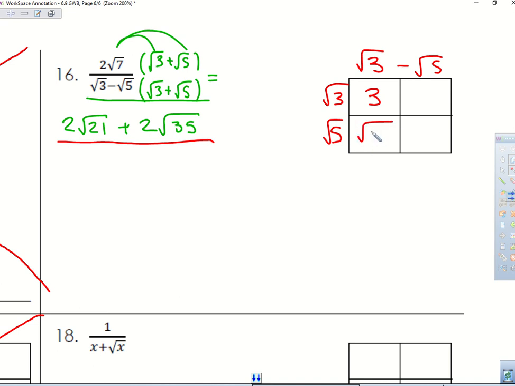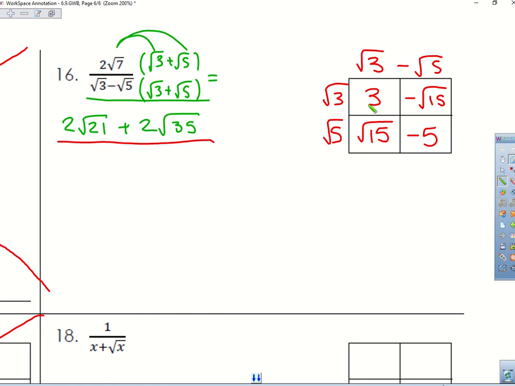Radical 15. Good. This is negative radical 15, right? And what is radical 5 times radical 5? Radical 25, which is 5. Any questions about those multiplications?